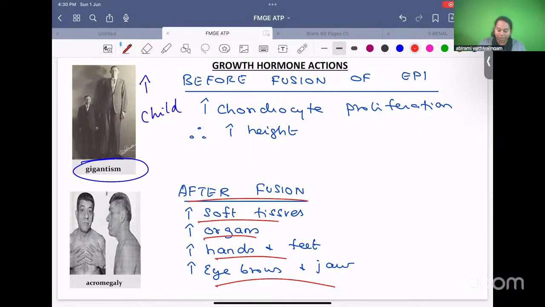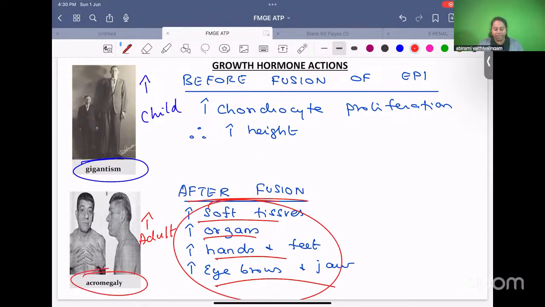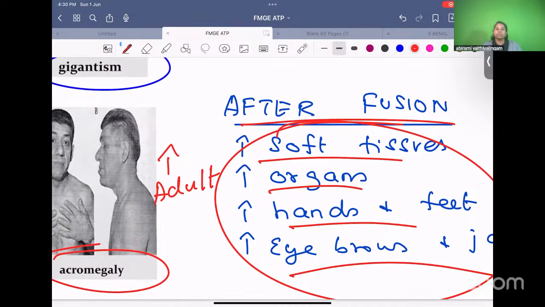So that is why, with excessive levels of growth hormone in an adult, all this will be seen. What is all this called? Acromegaly. So acromegaly patients, rather than the height, will have cardiomegaly, hepatomegaly, bigger soft tissue, bigger hands and legs, protrusion of jaw, prognathism, protrusion of eyebrows. All this together is called acromegaly.